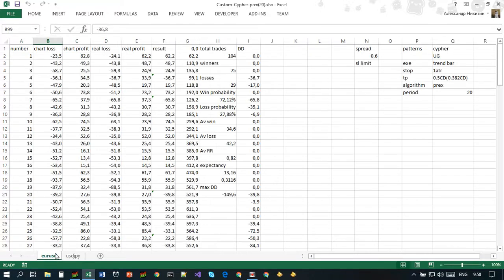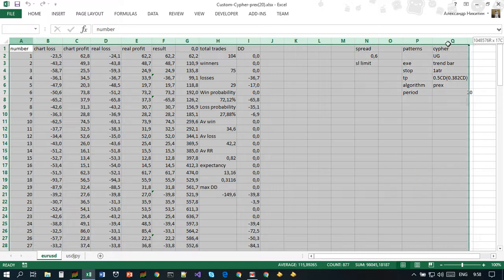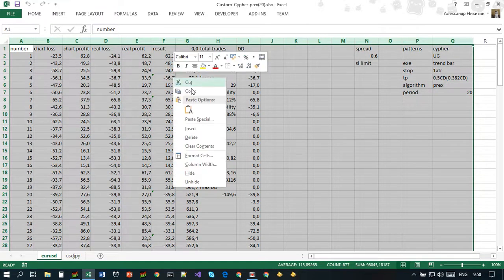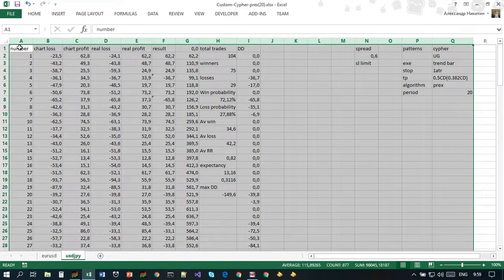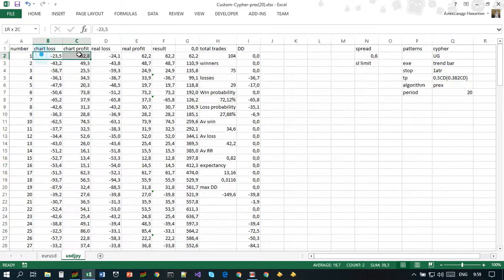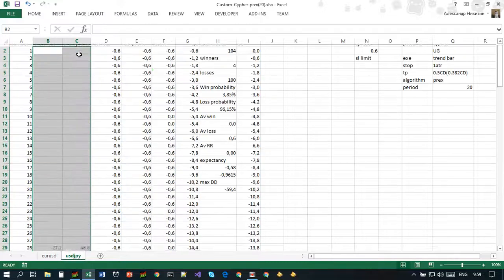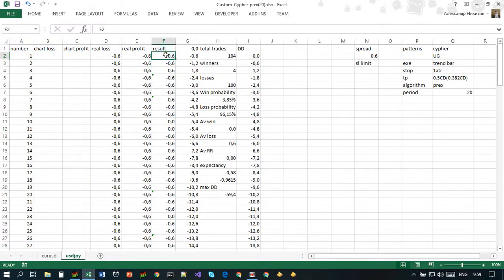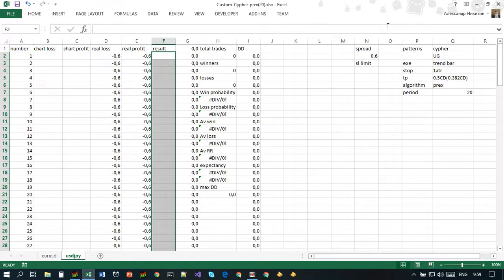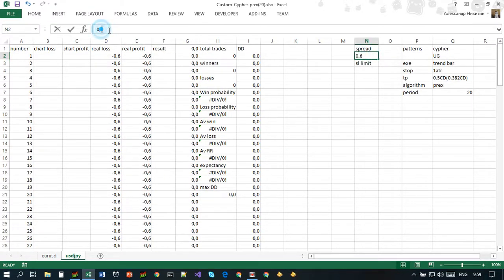So what I will do, I will simply copy all that stuff and paste it here to dollar yen. I will delete the results, of course. I will change the spread because it is 0.9.